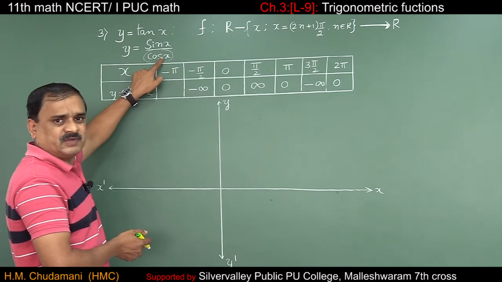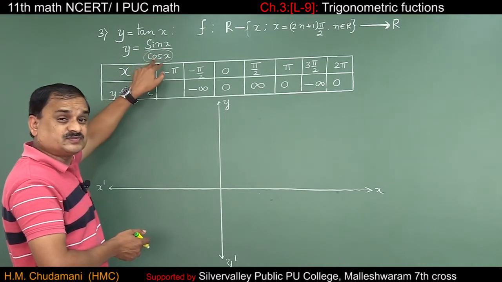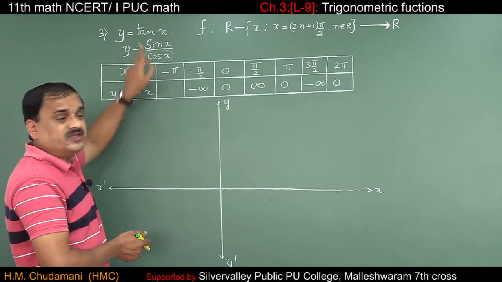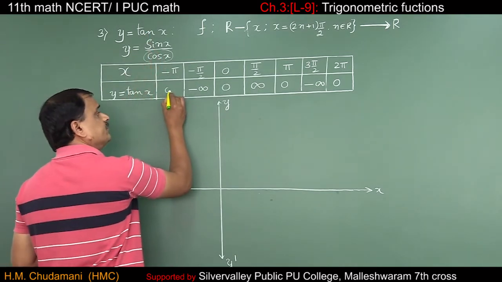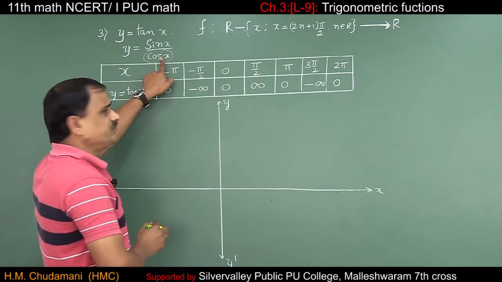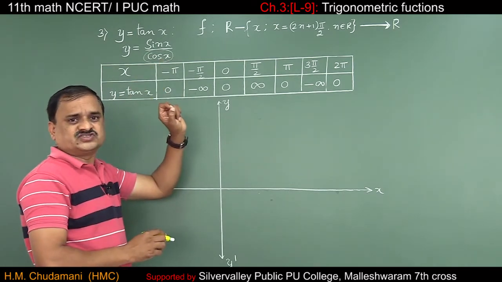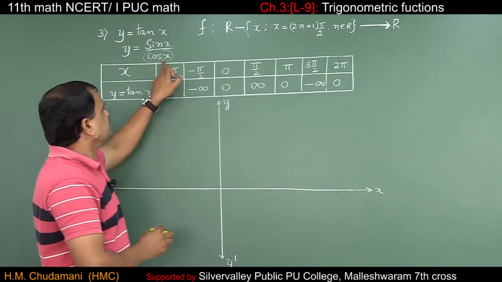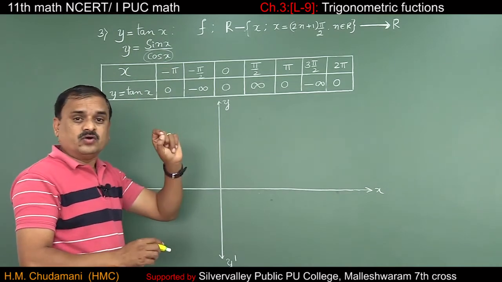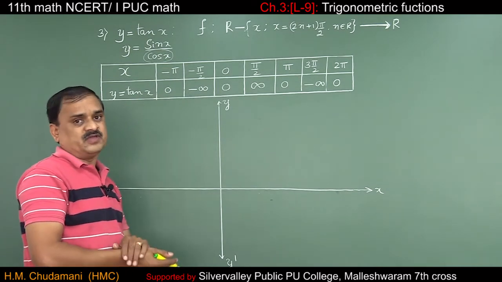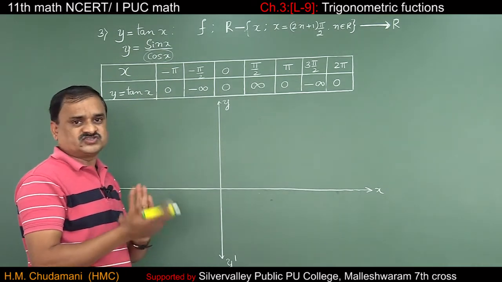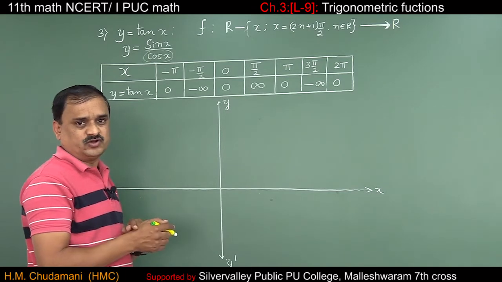Cos of minus pi means cos pi, which is minus 1. 0 by minus 1 means 0. See, for which values is cos x 0? Cos x is 0 for odd multiples of pi by 2, that is (2n plus 1) times pi by 2.